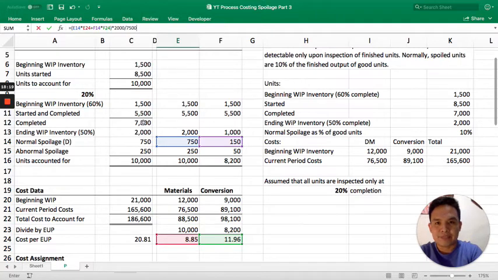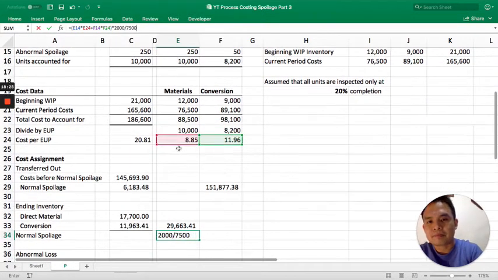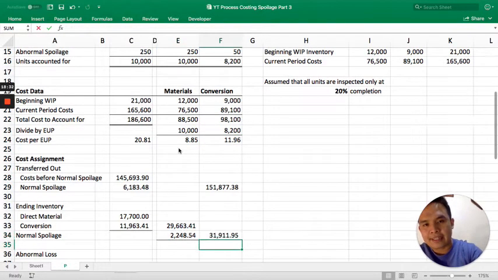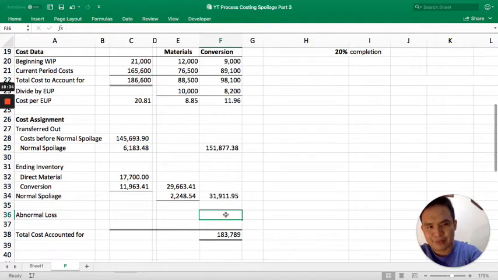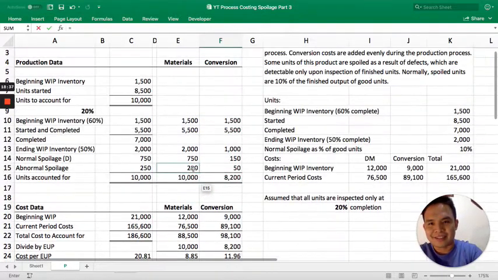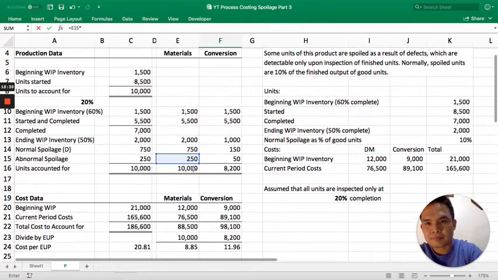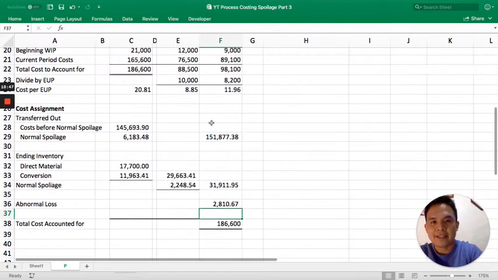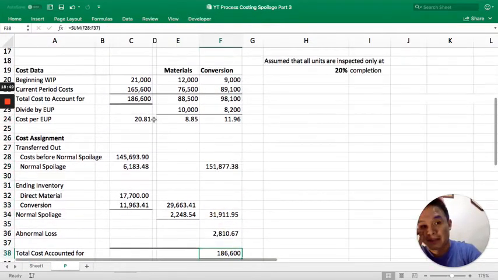Again, it's just 5, 5, and 2. Yung beginning, hindi dumaan sa inspection point kasi 60 to 100, 20 ang inspection point. So, okay? There, part of it goes there, and then add abnormal loss. It's 250 units times this. Conversion is ito times ito. 2810. If you add all that, dapat babalance pa rin.